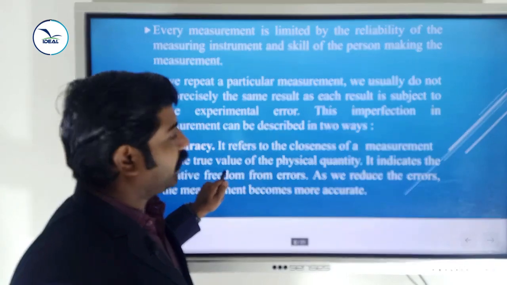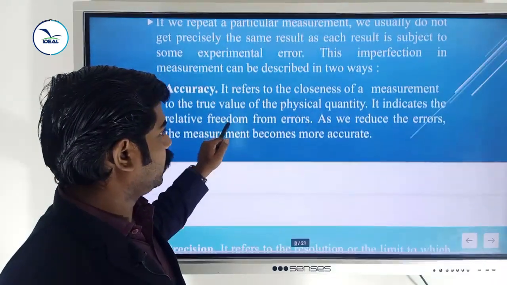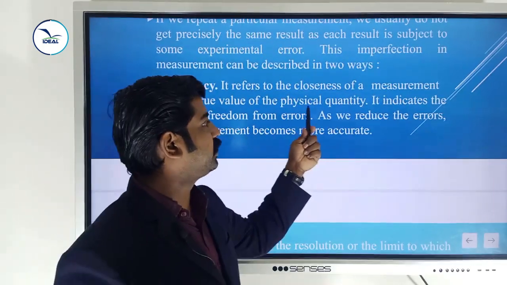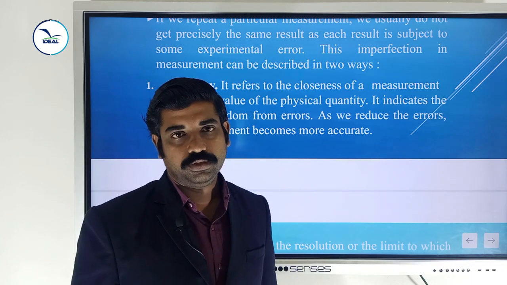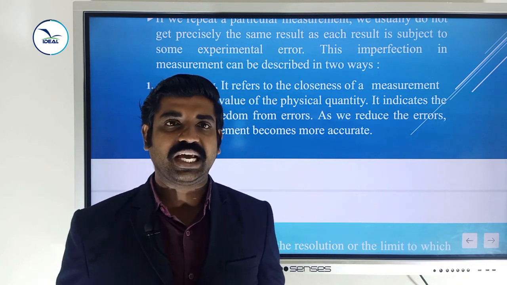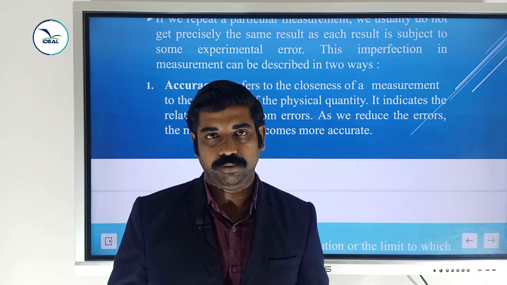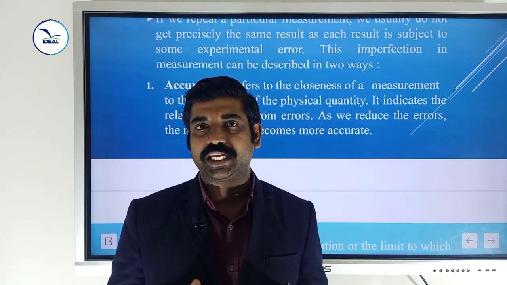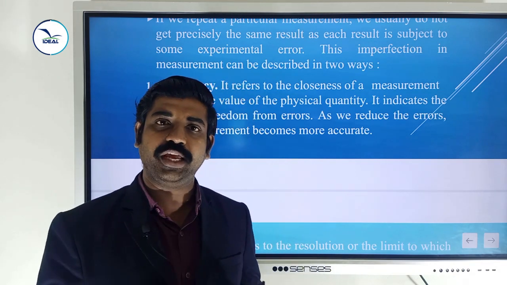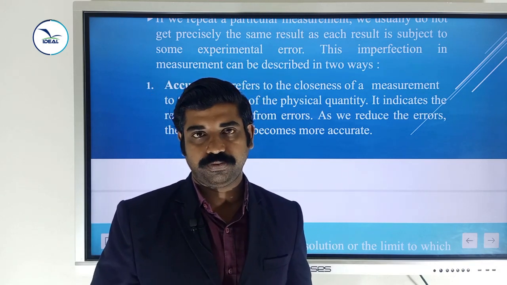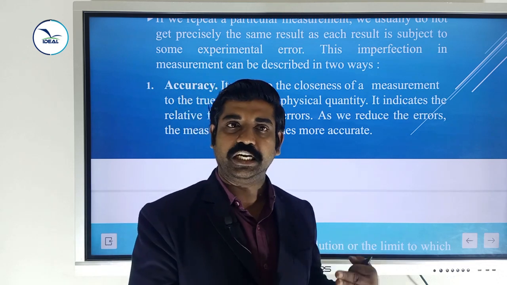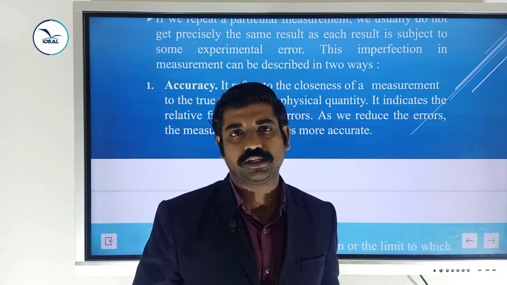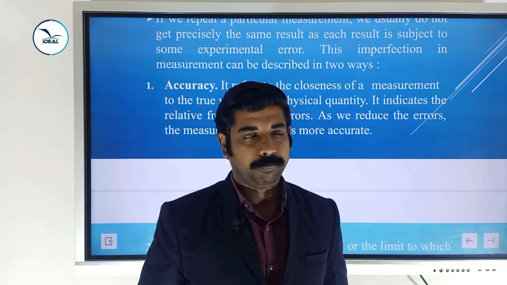So consider accuracy and precision. Accuracy refers to the closeness of a measurement to the true value of a physical quantity. If we are measuring something and we know the actual value, that is called the true value. If our measured value is very close to that true value, we can consider our measured value accurate.